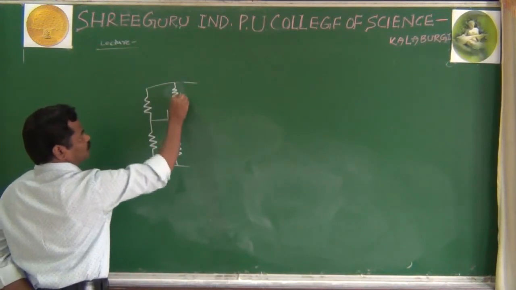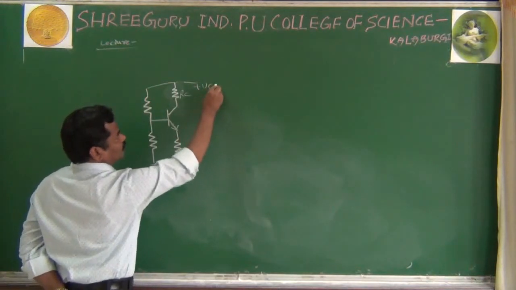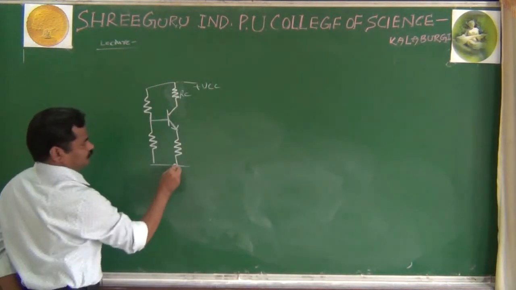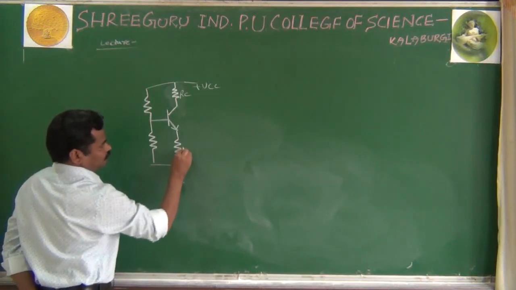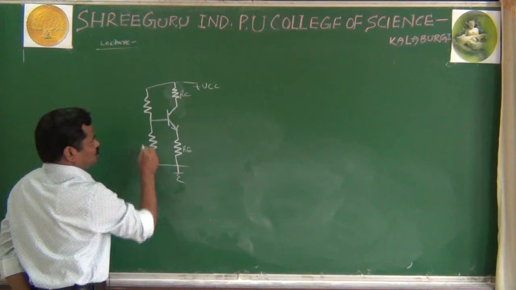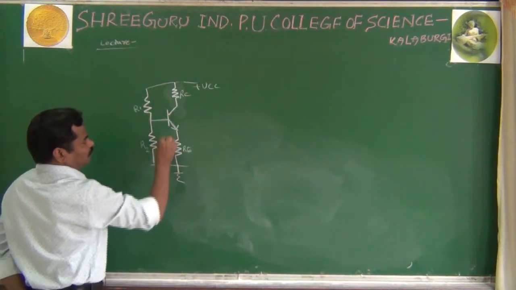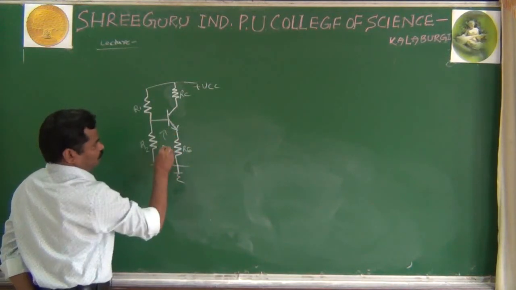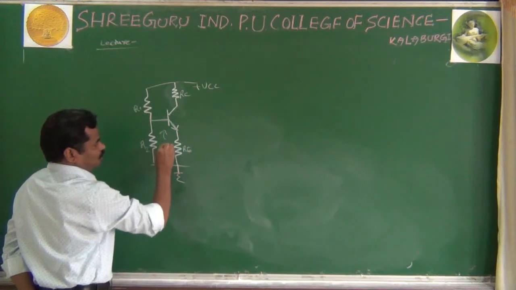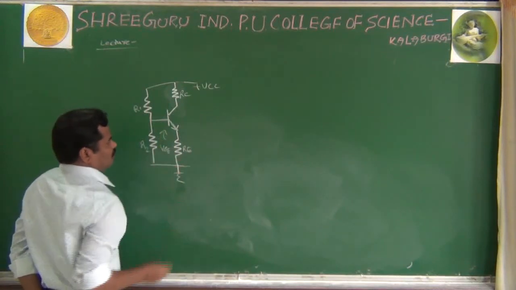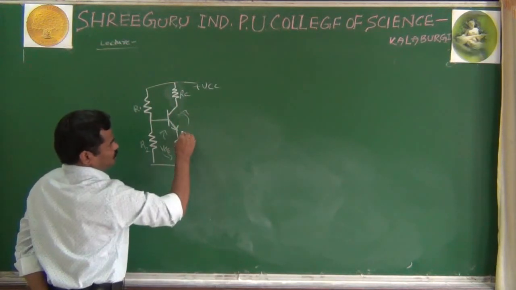This is your RC, and this is your VCC, and this is your common, you are going for common emitter. This is your RE, and this is your R1, this is your R2, and you already know about the input voltage, that is VBE, and here the output voltage, that is your VCE.